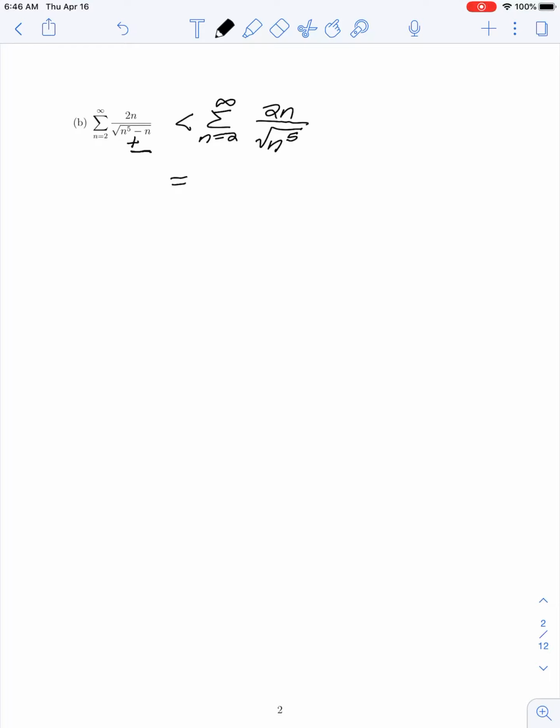Now, this series that I'm left with, let's see if we could simplify it a little bit. So here we have the sum from n equals 2 to infinity of 2n divided by the square root of n to the 5th. Well, that's the same as n to the 5th raised to the 1/2, or n to the 5/2 power. And then if I simplify this a bit further, I can cancel one factor of n on top and bottom, and I'm left with 2 over n to the 3/2 power.